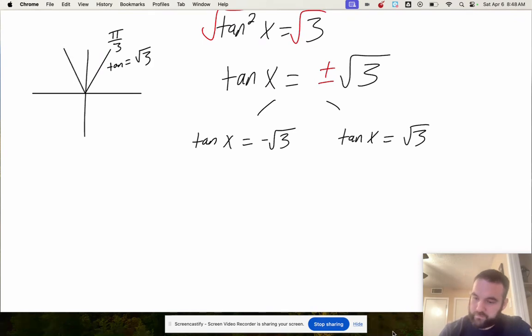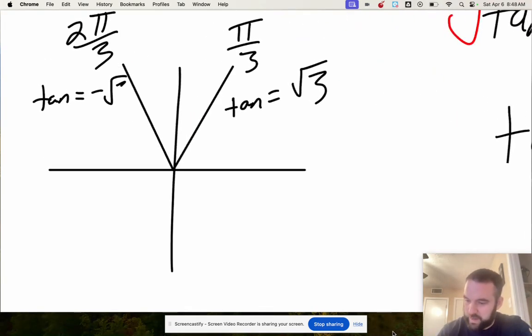Over here, I have 2 pi over 3, but this tangent is equal to negative root 3 because I have a negative x coordinate and a positive y coordinate.